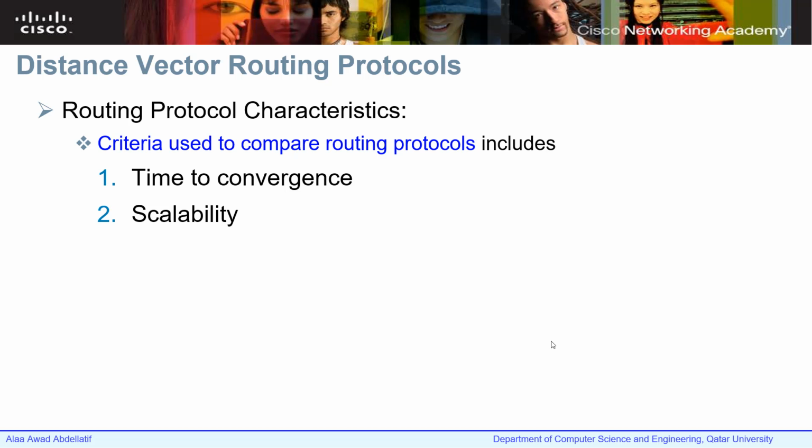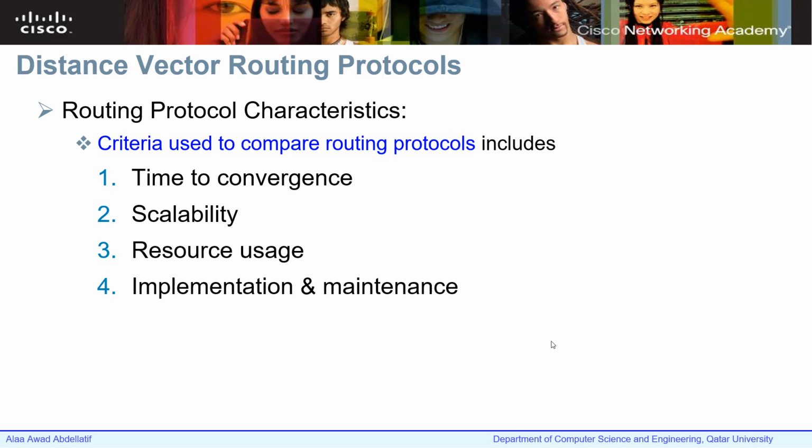How can we assess or evaluate these routing protocols? There are four main points to assess or evaluate a routing algorithm, whether it's good or bad. First is the time of convergence, time to converge. And as we discussed last time, what does convergence mean?